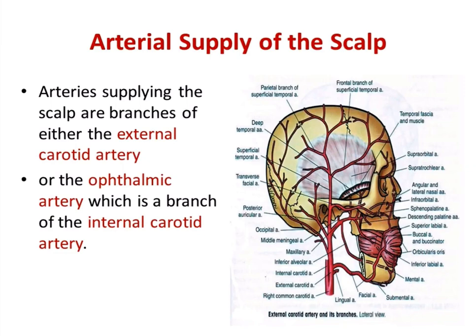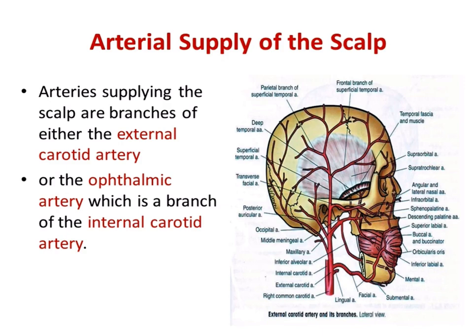Now to the arterial supply of the scalp. The arteries supplying the scalp are branches from the external carotid artery, which provides the main volume of blood, and small branches from the internal carotid.